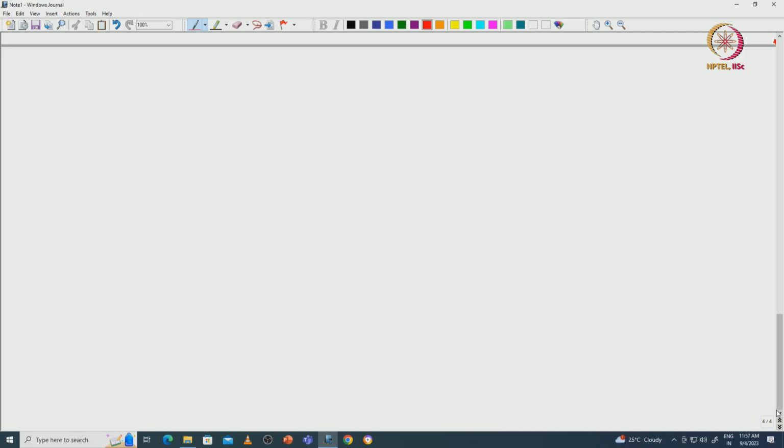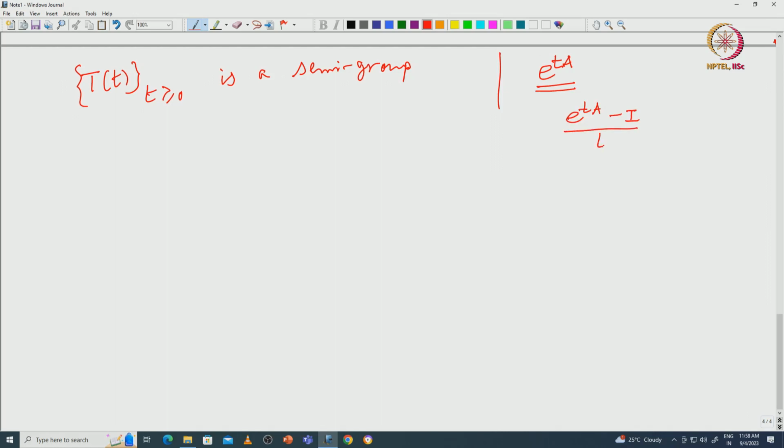So one of the, so T_t is a semigroup. So again, considering this e^{tA}, you can just see that (e^{tA} − I)/t converges to A when A is a bounded linear operator.